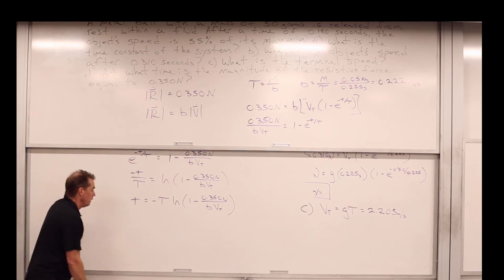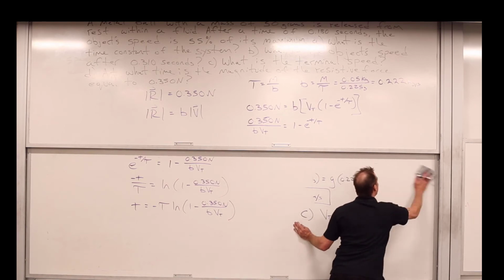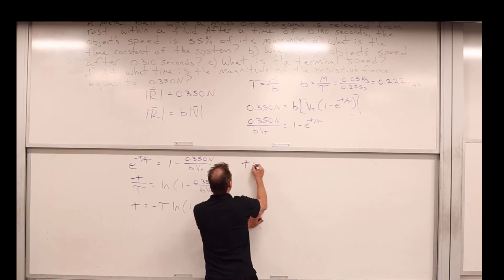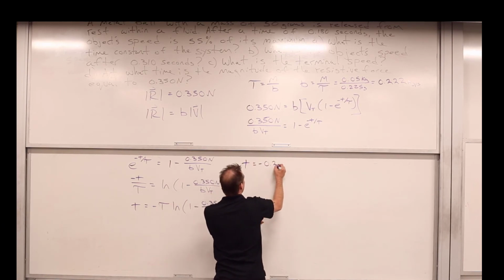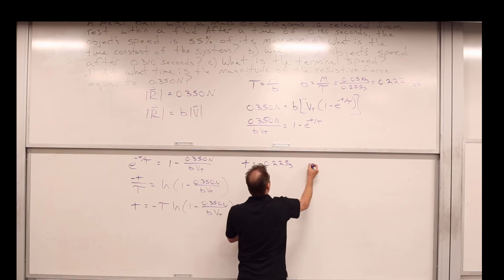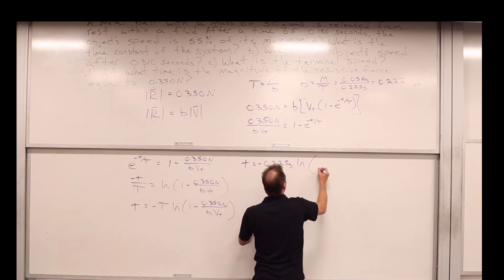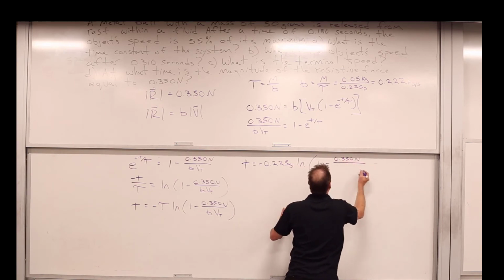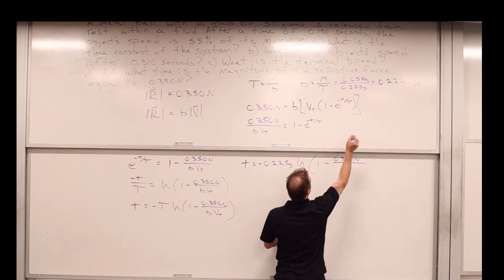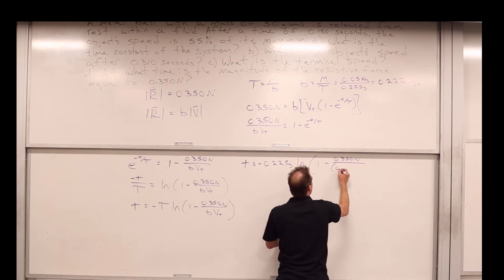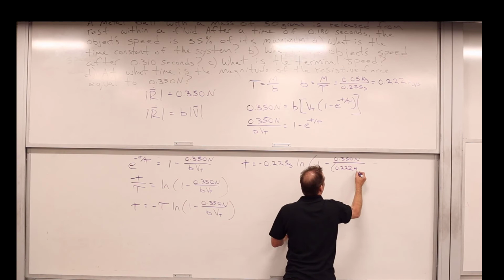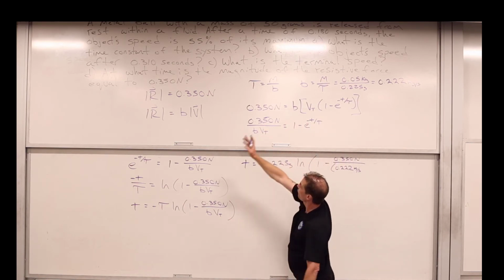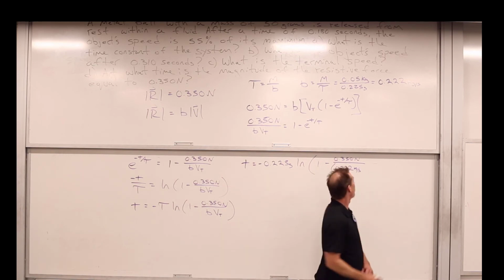All right, so we'll come on over to this portion right here, put in our values, and let's solve this out. We've got t is then going to be equal to negative 0.225 seconds multiplied by the ln of 1 minus 0.350 newtons divided by b, which was 0.222 kilograms per second, multiplied by v sub t, which was, I erased it, but it was 2.605.